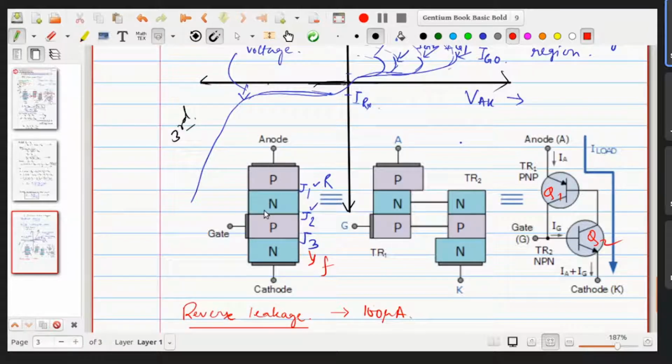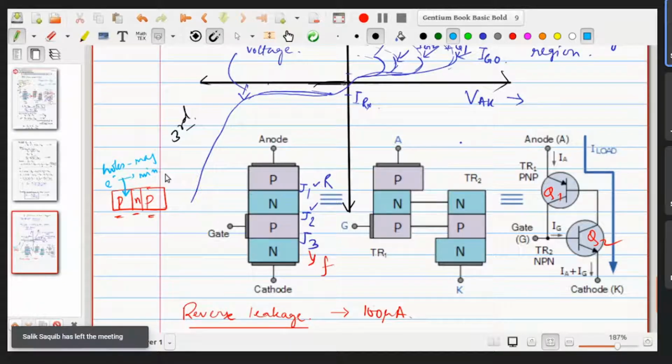When we considered the PNP, the P regions were thicker with a thin N region. Whatever the situation, let us just assume only this part: in the P type, holes are the majority carriers and electrons are the minority carriers. This we know at least from our fundamental studies.